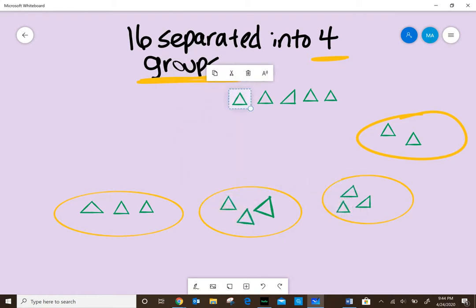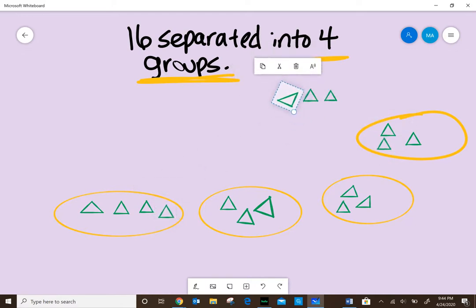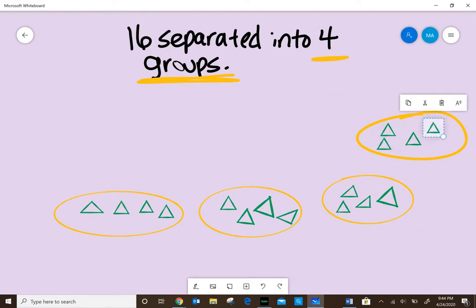And remember, we have to have the same amount of triangles in each group. My triangles are not all the same size, but we're going to have triangles in each group. So now you have all your triangles in each group. They don't all look the same, like I said, but we do have 16 triangles in total.